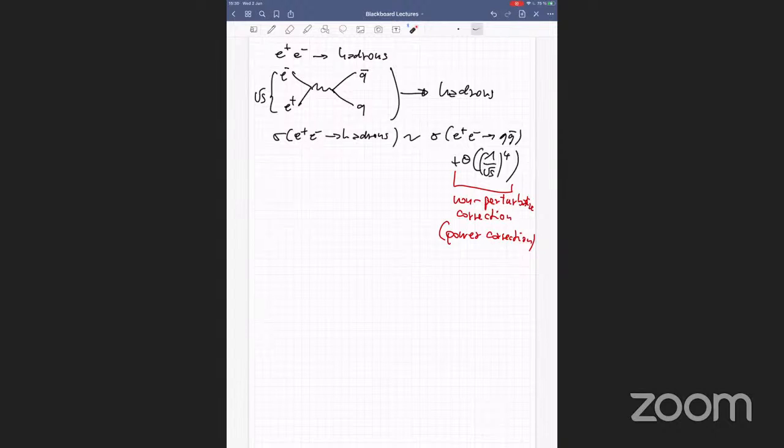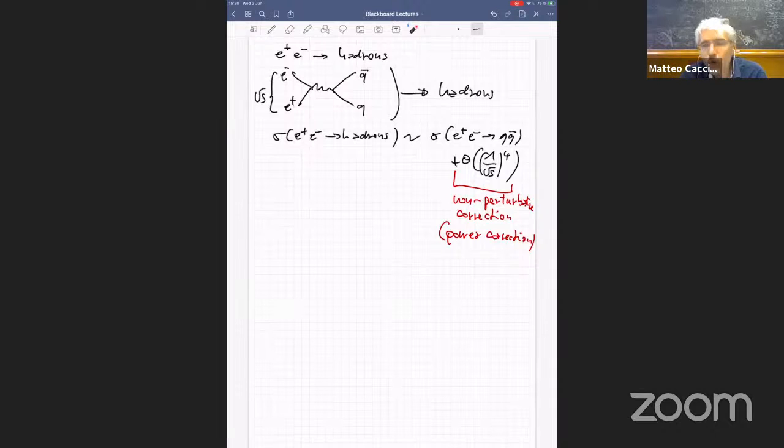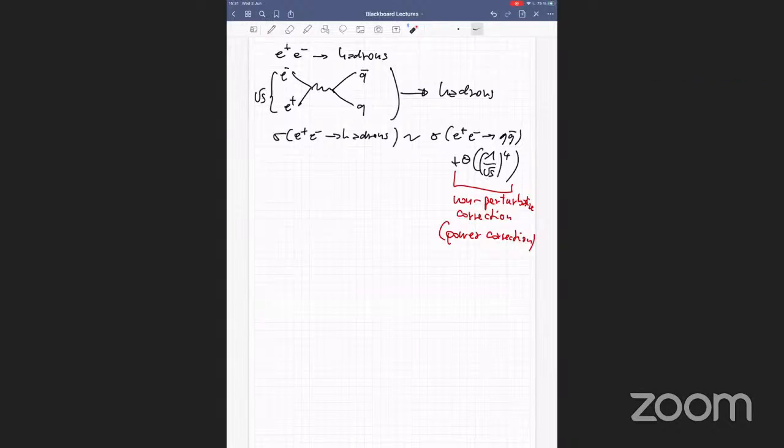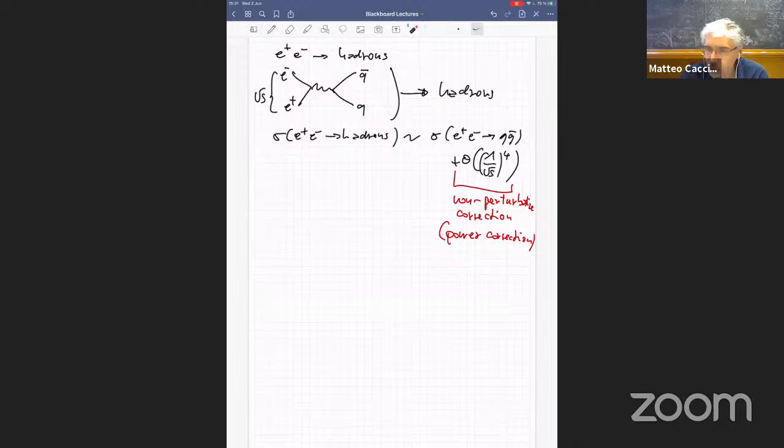Maybe in some future experiments, I don't know, these non-perturbative corrections will play a much bigger role in the calculations. So on one hand, the higher the energy, the smaller the corrections are. On the other hand, there are other observables that have bigger non-perturbative corrections.